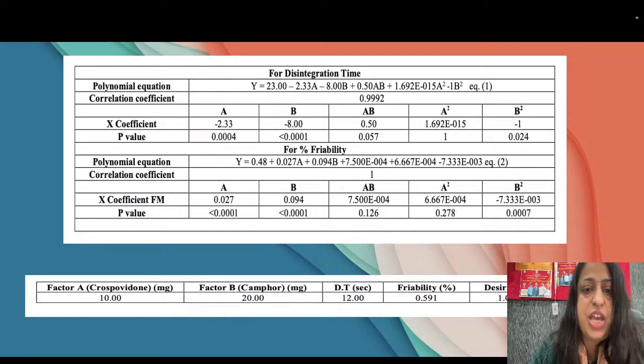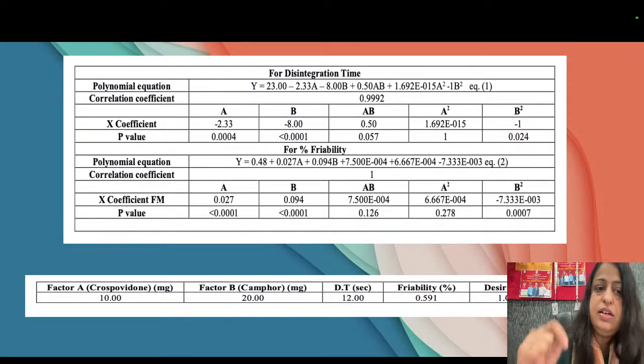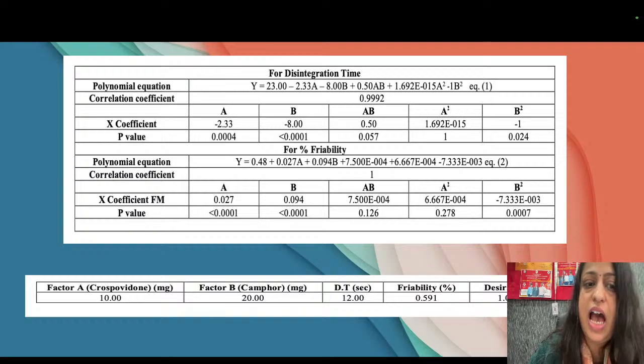Similarly, if I check for percent friability, then it is good for A factor, good for B factor, and for AB also, meaning all the p values are in the range in case of percent friability. It means the experimental results are in compliance with the statistical results, which is done by this software using ANOVA.